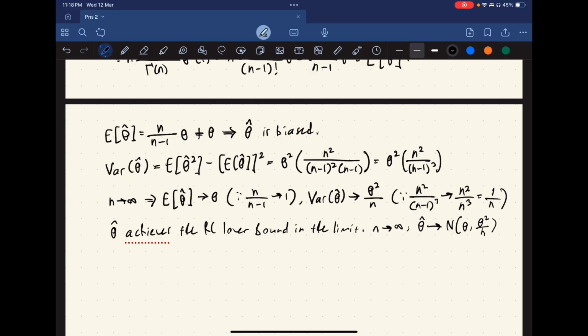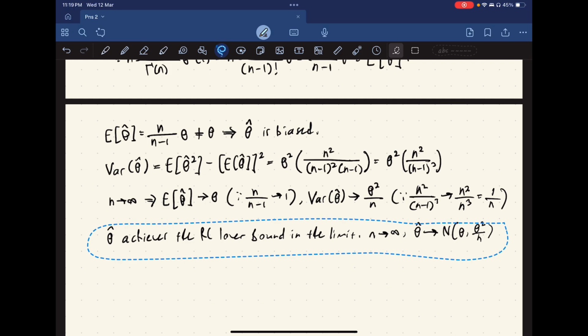Now we return to the original motivation, at least in this course, to find the Rao-Cramer lower bound, which is the concept of efficiency.